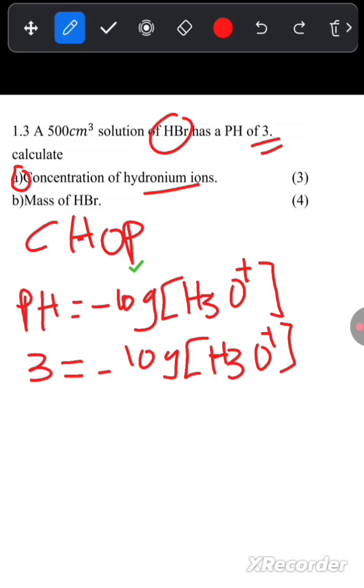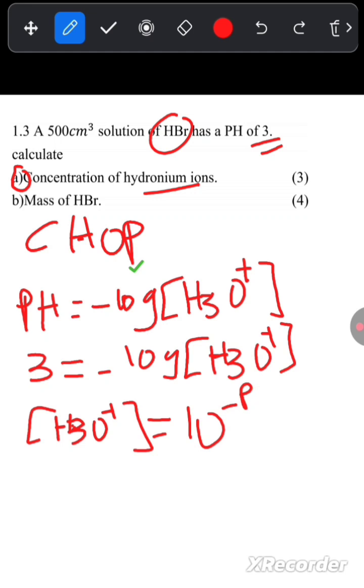Right? If you make the concentration of hydronium ions the subject of the formula in this situation, it is equals to 10 to the power negative pH. That's how you make this the subject of the formula.